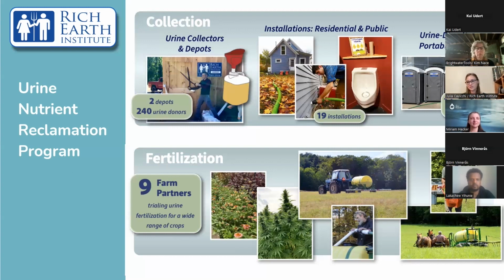So we supply those to urine donors and they bring them to a centralized urine depot. We now have 2 urine depots in 2 towns about 20 minutes apart from each other. And so those have vacuum pump stations with a self-serve pump, and then we bring those back to our research center for processing.